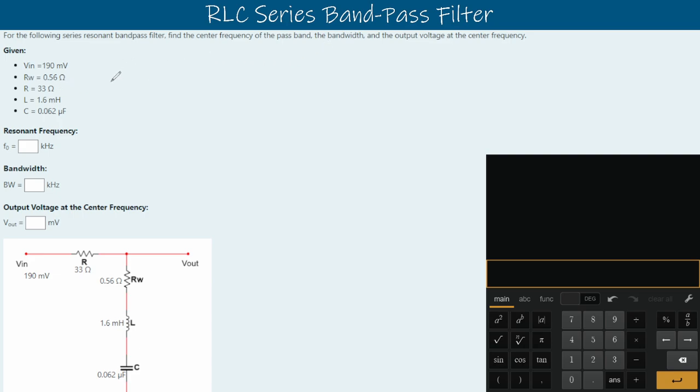So the first thing we need to do is set up our center frequency. So we'll say that our F center frequency here is equal to 1 over 2 pi. That's talking about a frequency there. And then our time constant, since we have an inductor and a capacitor, we're going to use our LC time constant of square root L times C. We can plug that in because we have all those values.